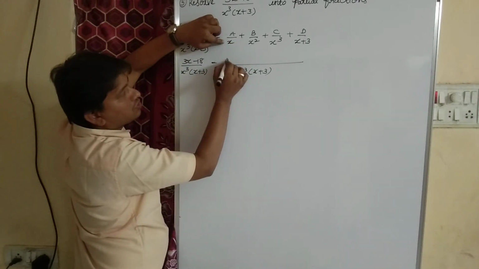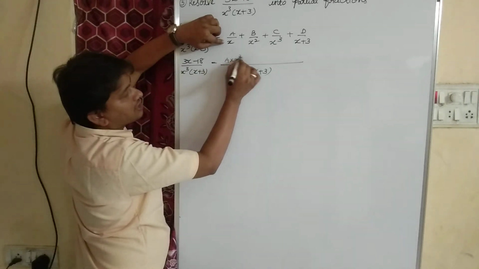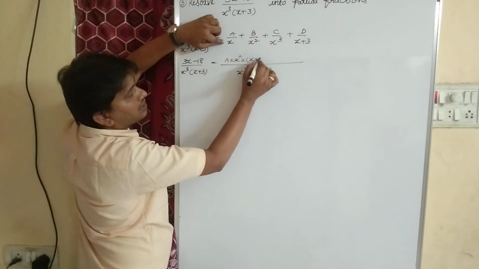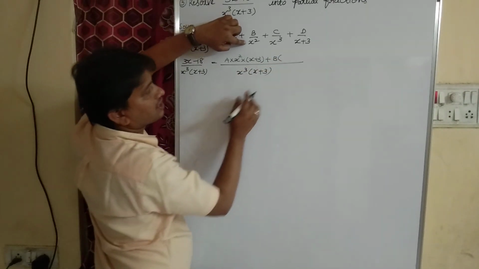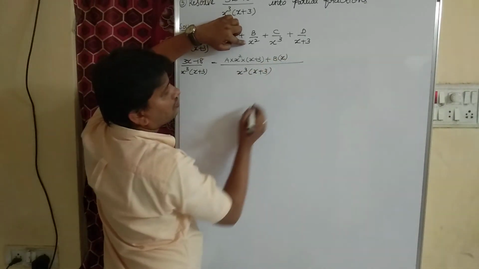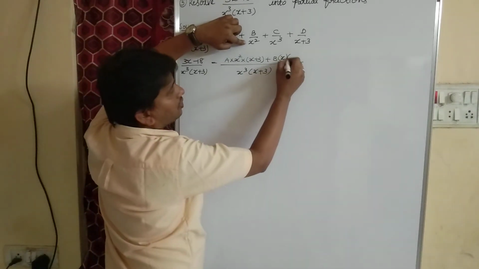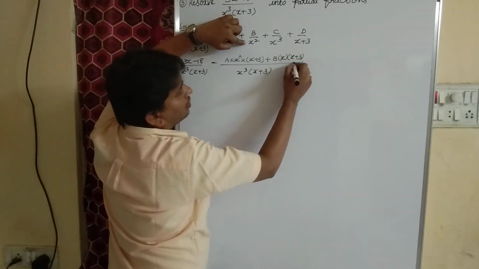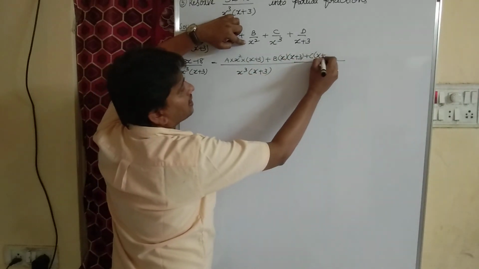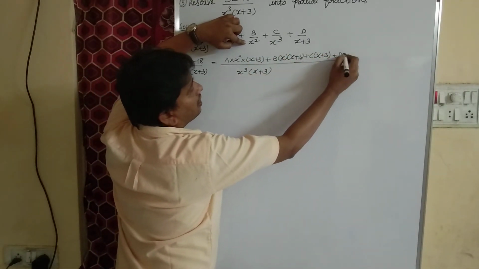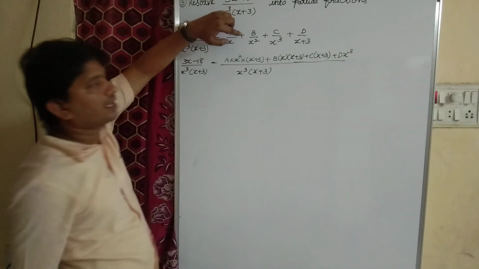So a into x square into (x plus 3), plus b into x into (x plus 3), since we already have the x square term, plus c into (x plus 3), since the x cube term is already there, plus d into x cube.